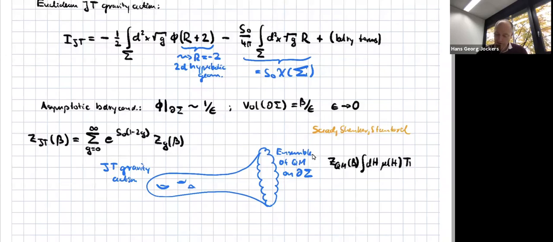And then we are looking at this integral over Hamiltonians and this usual insertion of e to the beta H, and taking a trace over this is a typical form of such an ensemble average of Hamiltonians. What should be stressed, and what is maybe interesting in this duality, is that we have a theory here, namely this JT gravity with this action, and in this proposal it is dual to an ensemble of quantum mechanical systems.